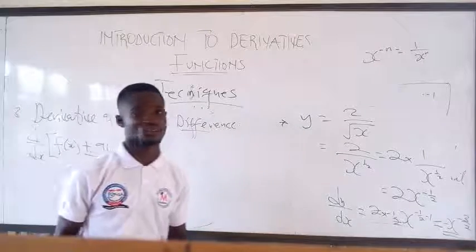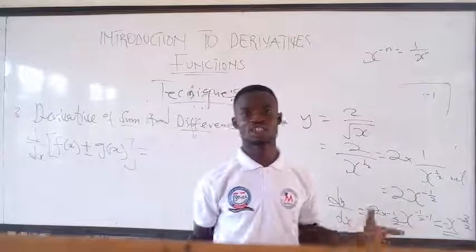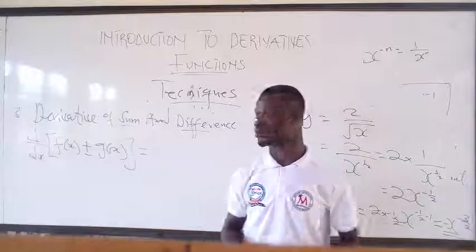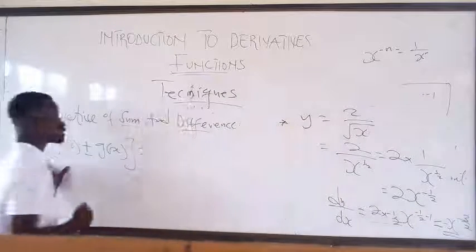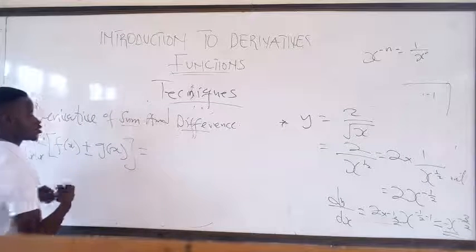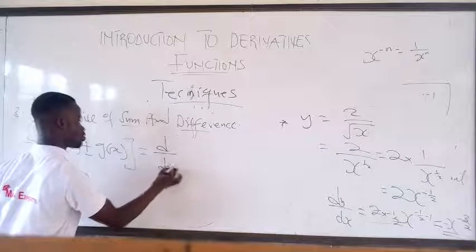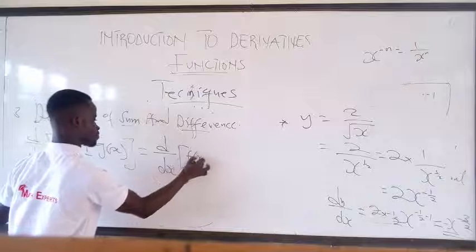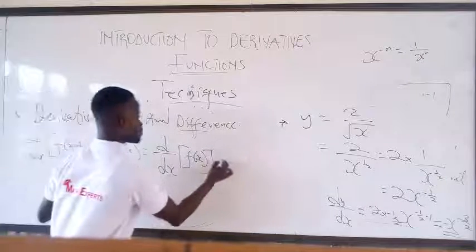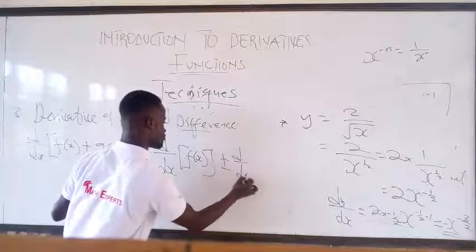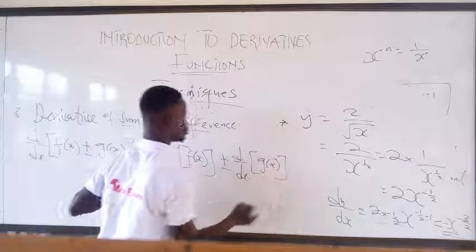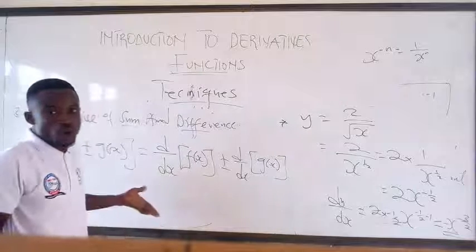So whenever you have two polynomial functions in the form ax to the power n being added or subtracted, you just take the derivative of it one by one. I hope it's clear. So you take the derivative of this f of x plus or minus the derivative of this g of x, and you are done.